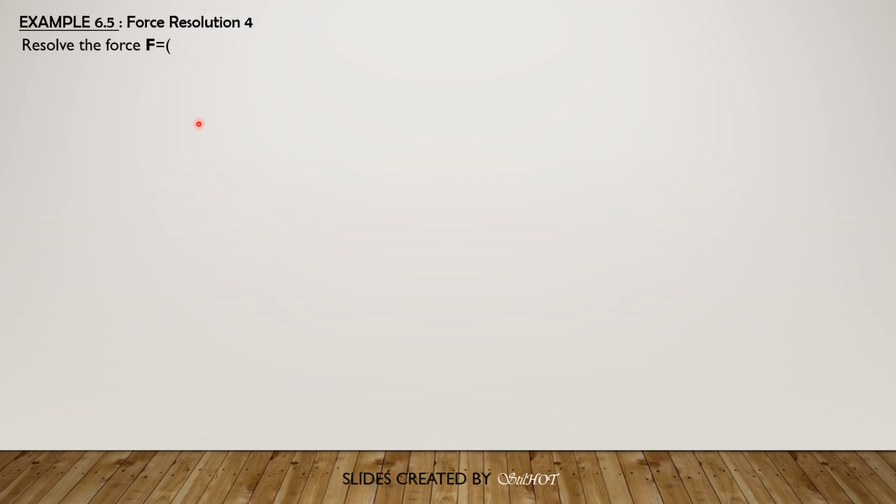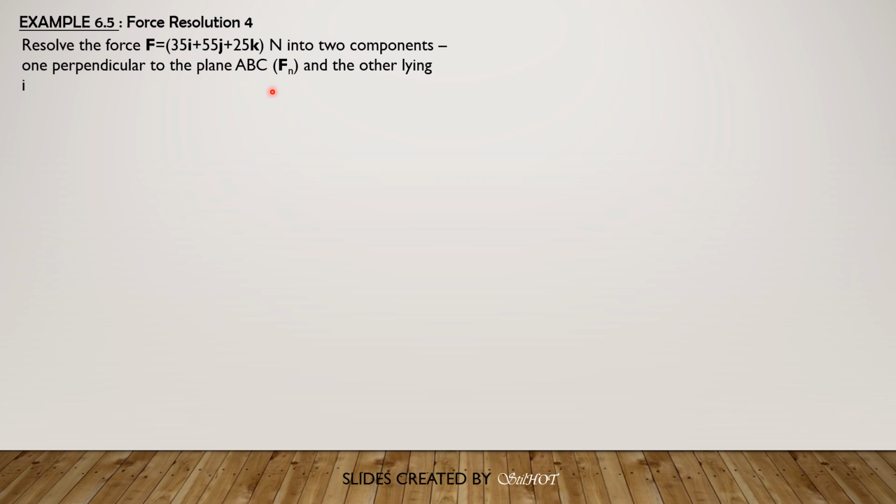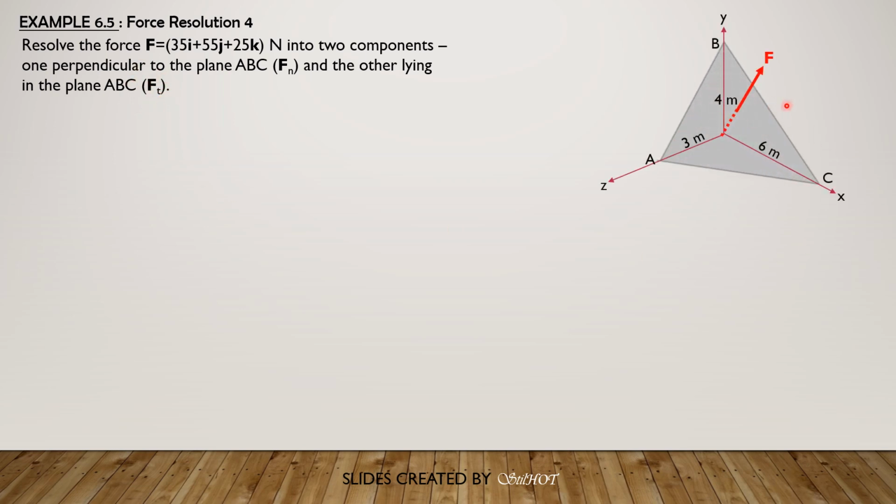Last example, resolve the force F, 35i plus 55j plus 25k newtons, into two components, one perpendicular to the plane ABC, let's call that Fn, and the other lying in the plane ABC. We call that F sub T, the tangential component. So that's the given figure.